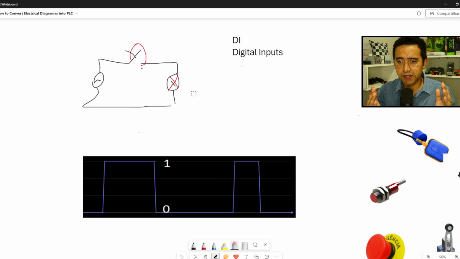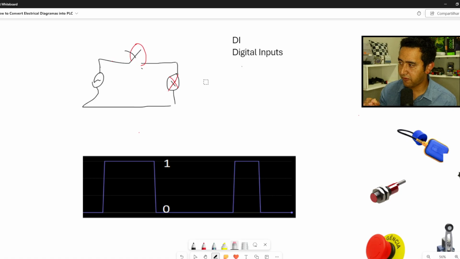It's impossible. My electrical contact only has these 2 possibilities. Either it's closed or it's open. When it's closed, my lamp turns on. When it's open, my lamp is turned off. So we have only 2 states.